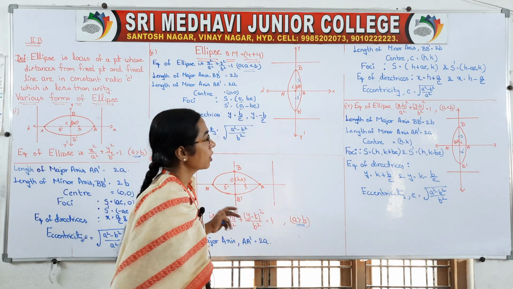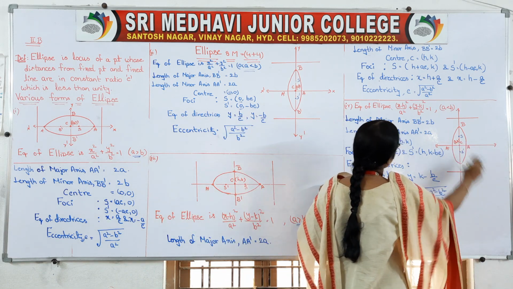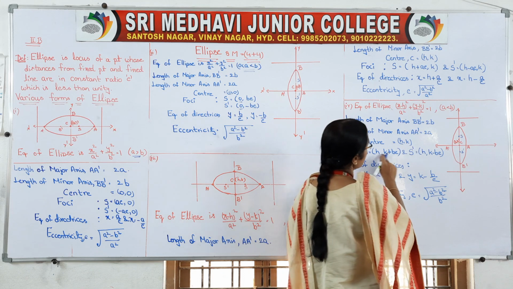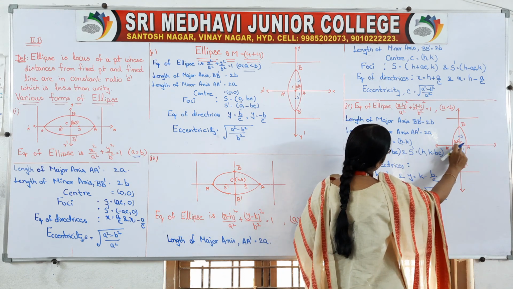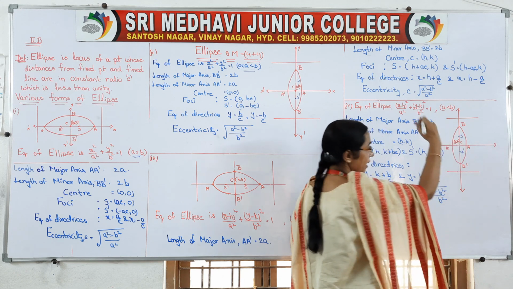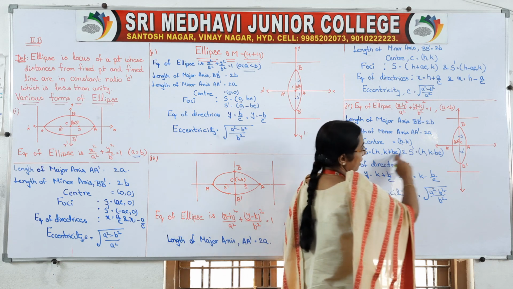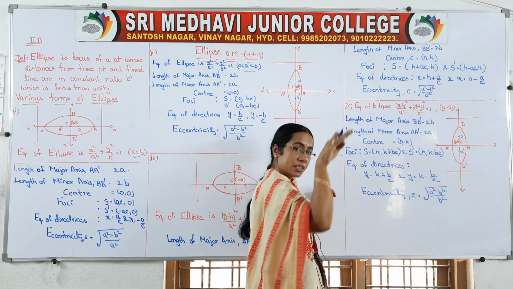Up to here it is (h, k). That's why the focus is (h, k plus be). Here, up to here k is there, so this distance is be, that's why it is upwards, adding. And here also the distance is be, but downwards.